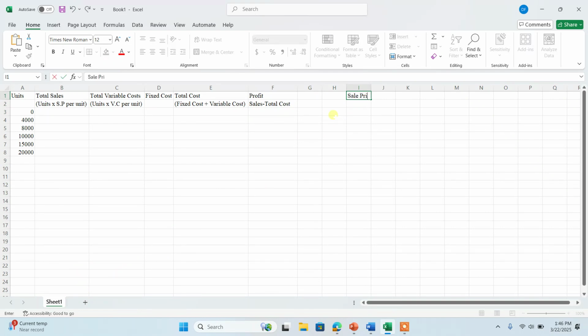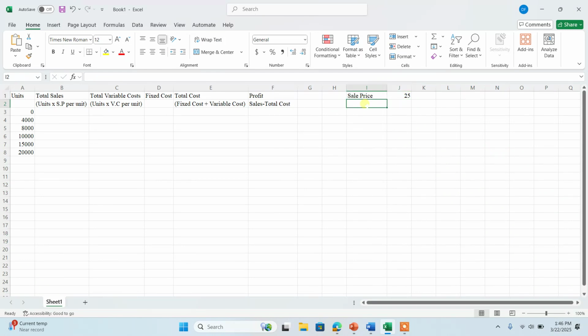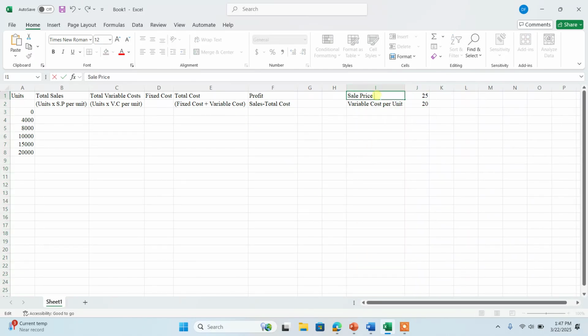The sale price is 25. This is the data given to me. Variable cost per unit is, let's suppose, 20. This is also the sale price per unit.